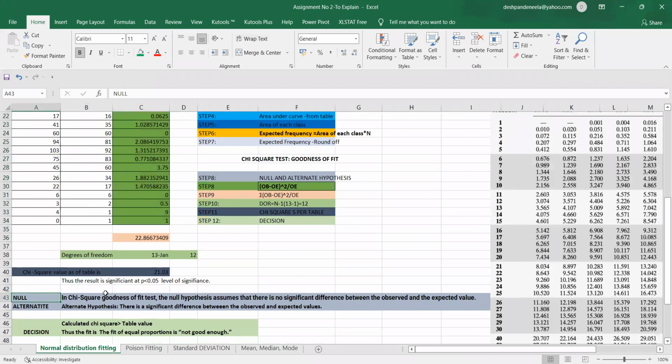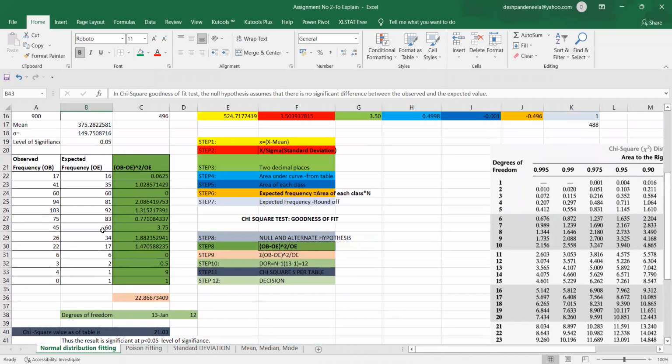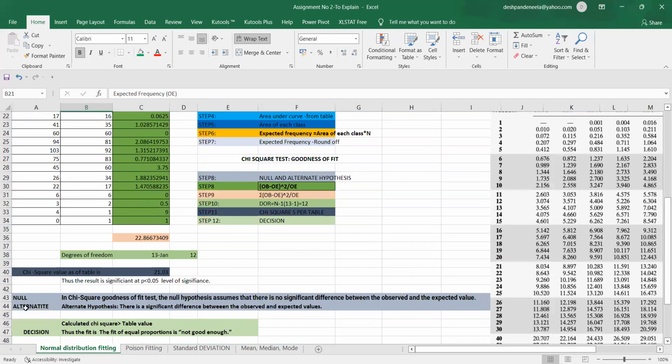What does the null hypothesis say in the chi-square goodness of fit test? The null hypothesis assumes that there is no significant difference between the observed and the expected value. It means that the observed and the expected value will be equal. That is my null hypothesis.